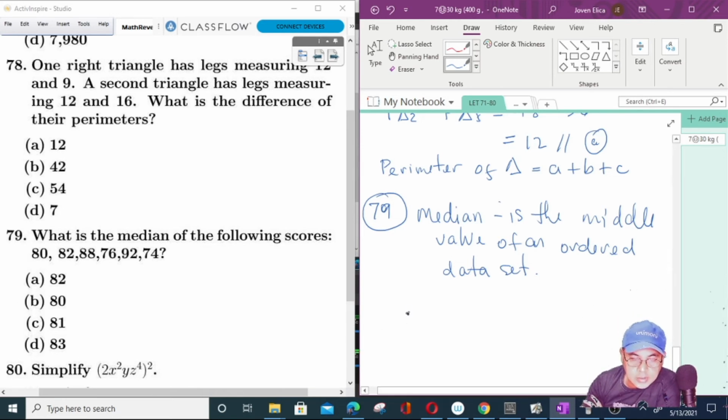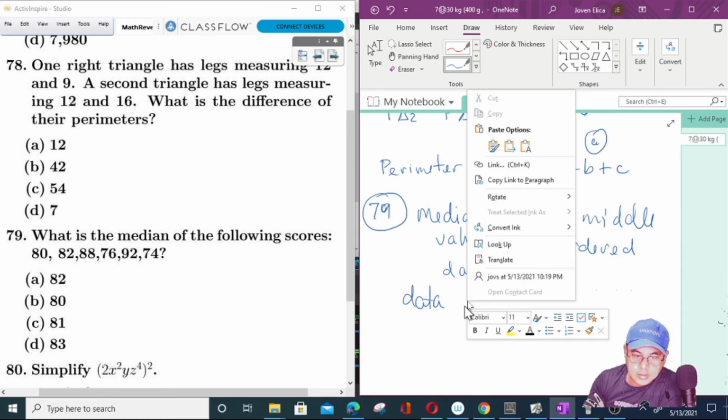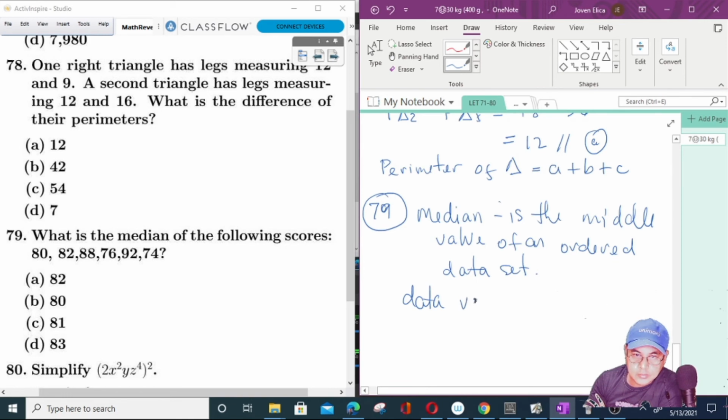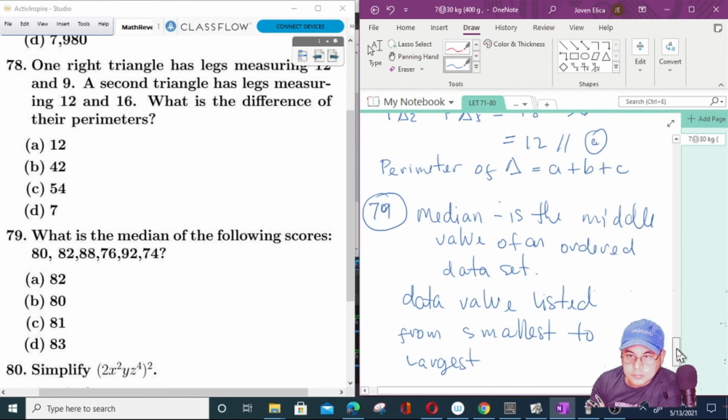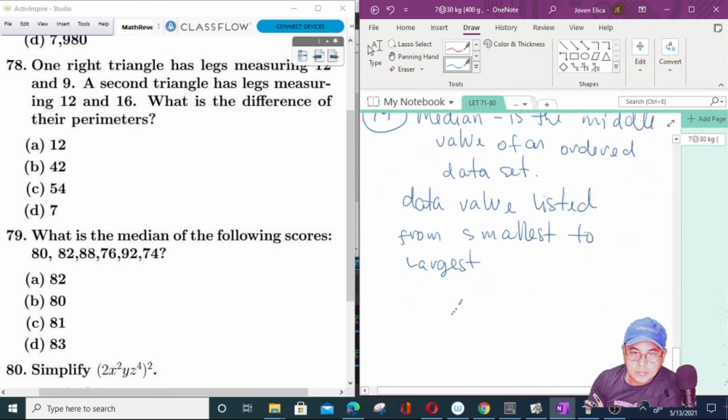And then the median is actually, if there are n data values listed in order, listed from smallest to largest, the median position is n plus 1 over 2.